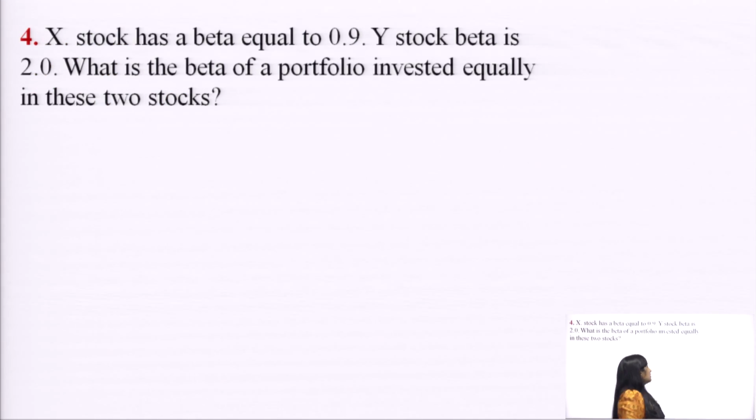Then there is a question that a stock X has a beta equal to 0.9, and Y has a beta of 2.0. What is the beta of the portfolio? It is very simple.